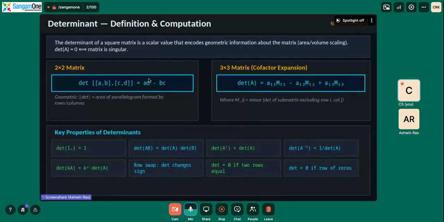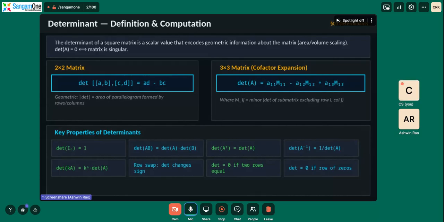Just go back. The last line, first one: determinant of kA is equal to k to the power of n. Where is n coming from? n is not there on the left hand side. Sir, I can explain.